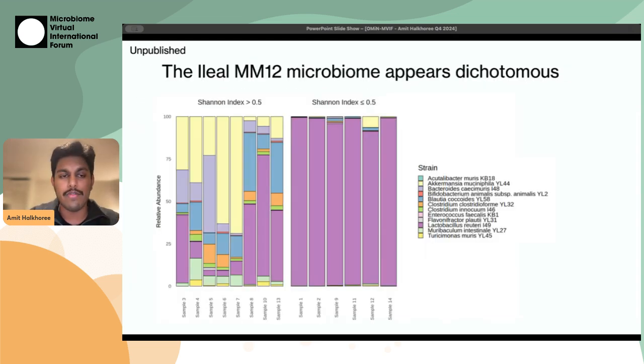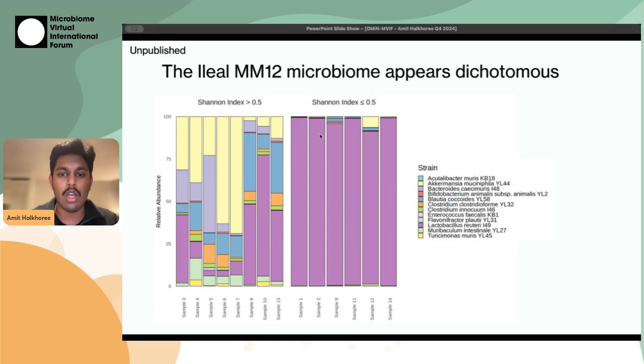Then shifting focus over to our abundance data, we saw this dichotomous phenotype appear. Now, perfectly honestly, we don't have an explanation as to why this occurred yet, but it appears that there were really two major players there.